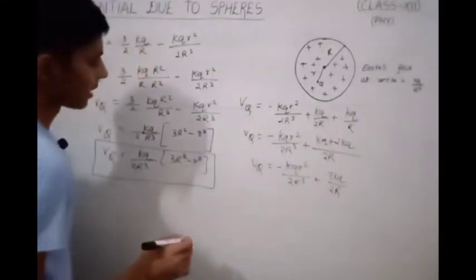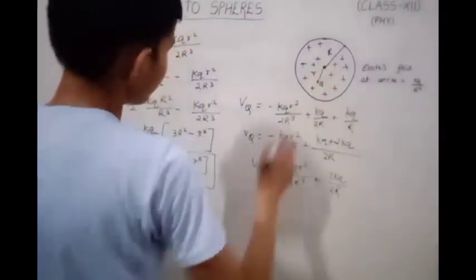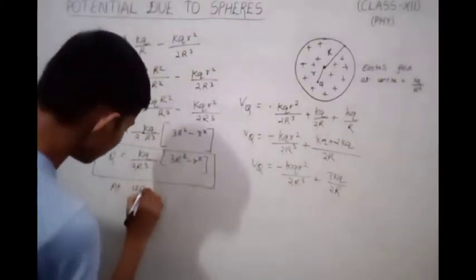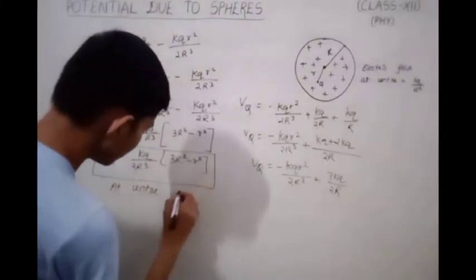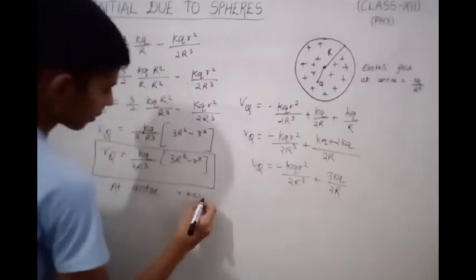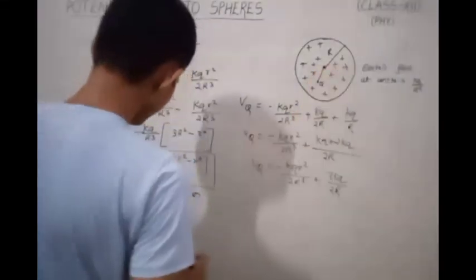Suppose in the examination we are asked to find the potential at the center. Then at the center, small r equals 0, because at the center the distance is 0.